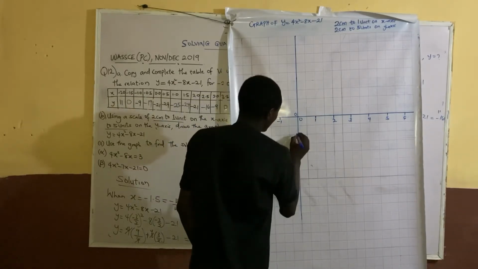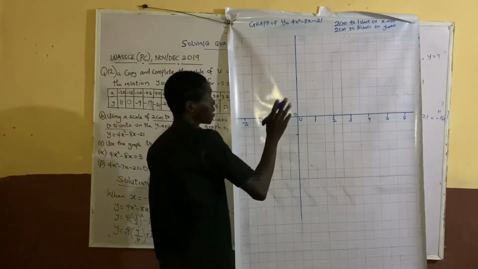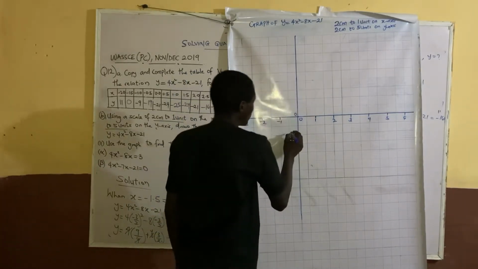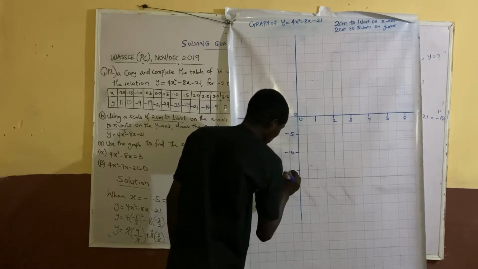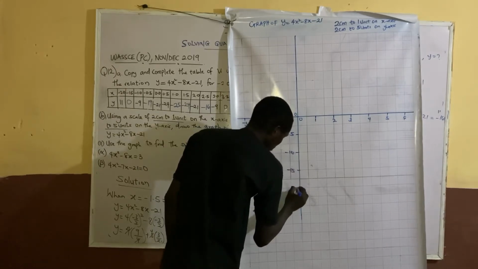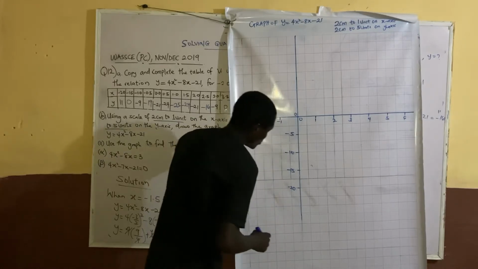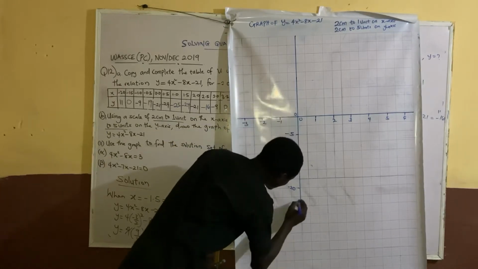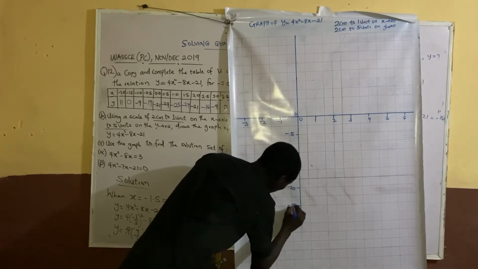On this negative part of y, 2 centimeter represents 5 units. So -5, minus 10, minus 15, minus 20, minus 25.